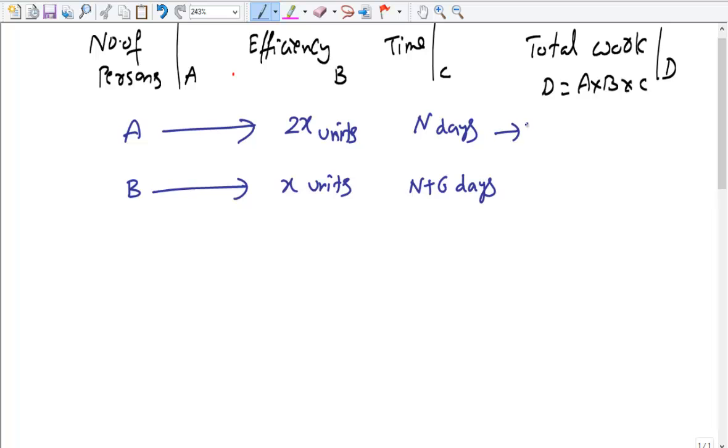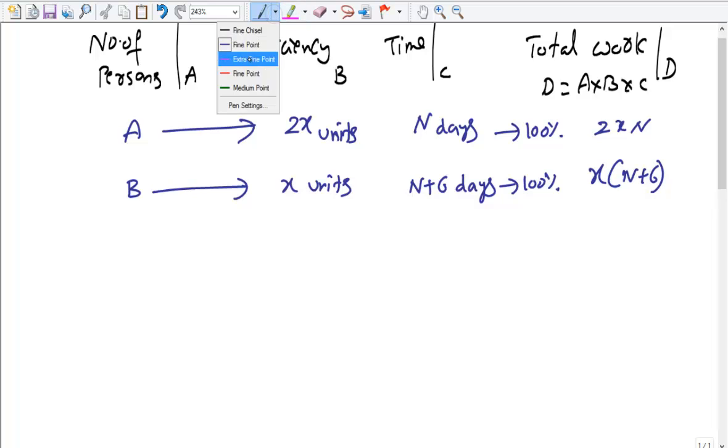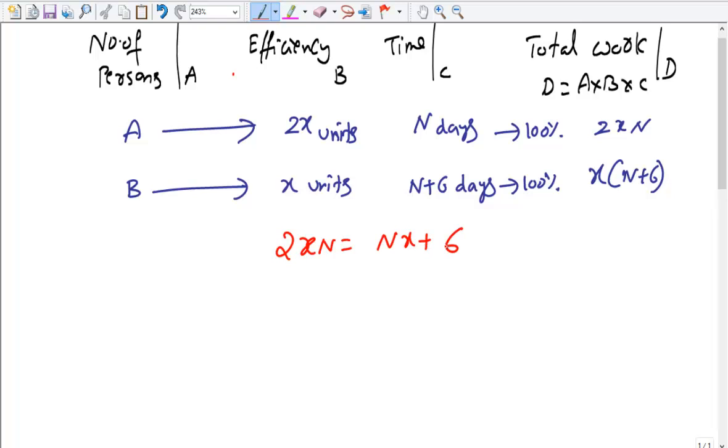Since they finished 100% of the work, we can say that is equal to 2xn. That is number of persons into efficiency into time is equal to total work. Here also, since they finish 100% of work, we can say x into n plus 6. So these two are equal. So 2xn is equal to x into n plus 6.